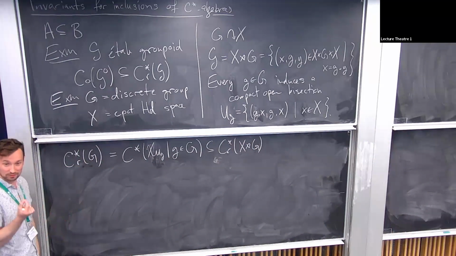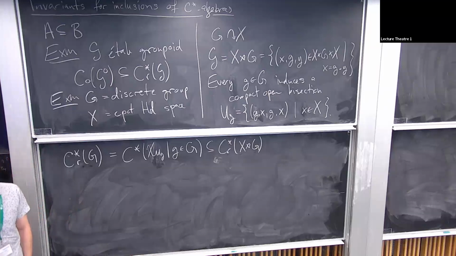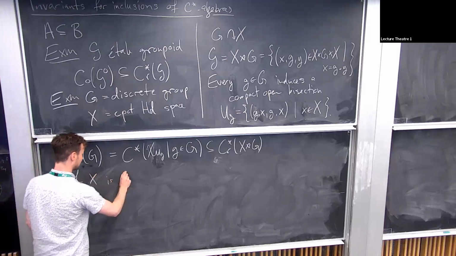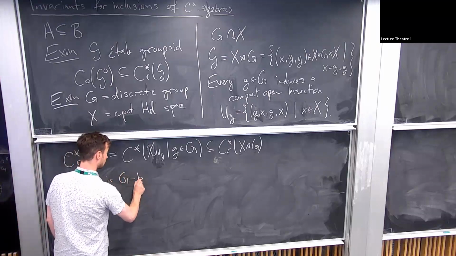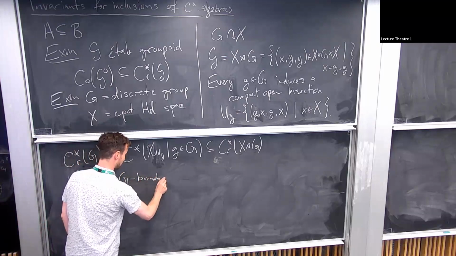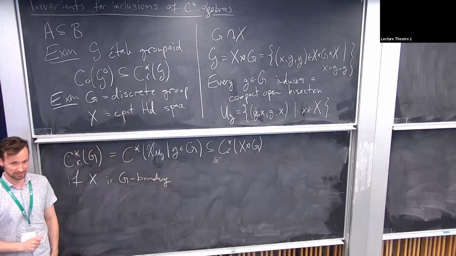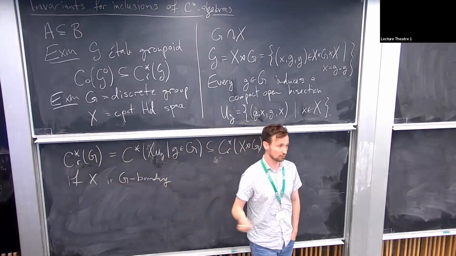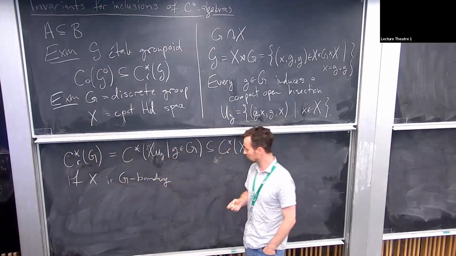One crucial ingredient for characterizing simplicity was that if X is a G boundary, and please don't ask me to define what a G boundary is, this could, for instance, be the Furstenberg boundary, which is their prime source of examples.